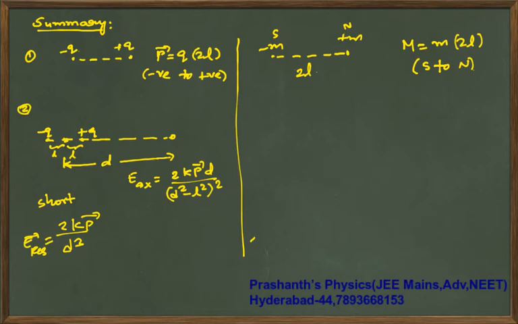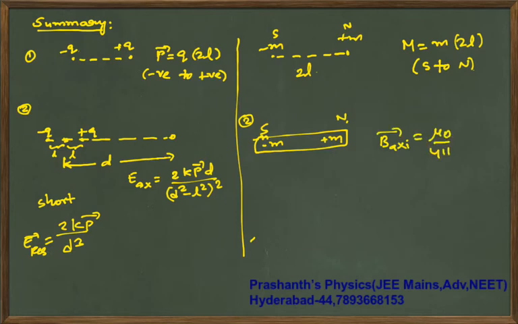Now if you take the same for a bar magnet, so magnetic dipole is nothing but your bar magnet. This is minus m, this is plus m, this is your south pole and this is your north pole. So your magnetic field on the axial line is mu naught by 4 pi into 2 times m into d by d square minus L square whole square.